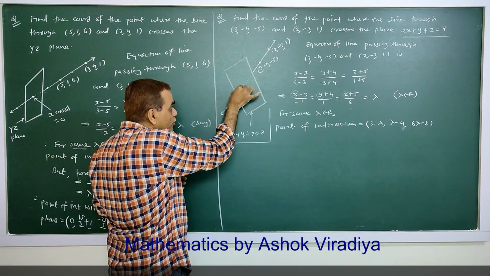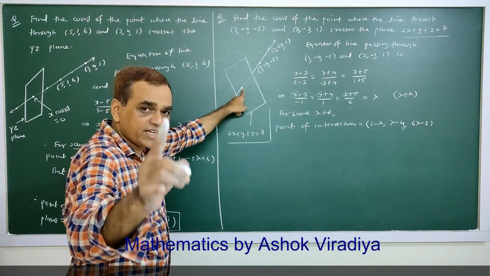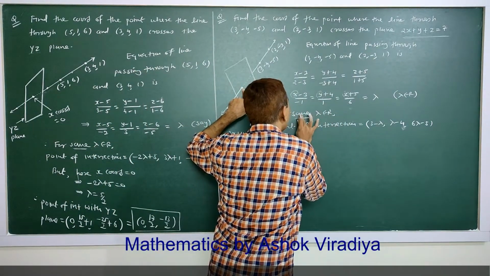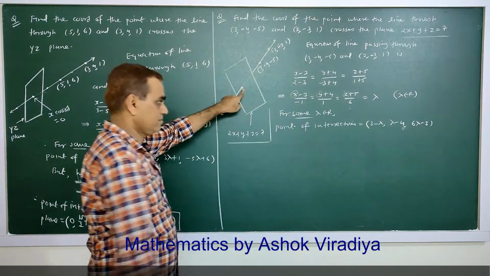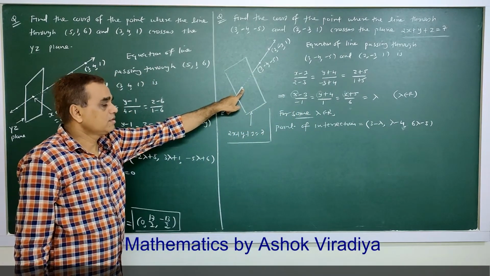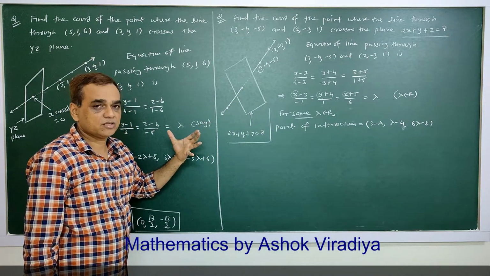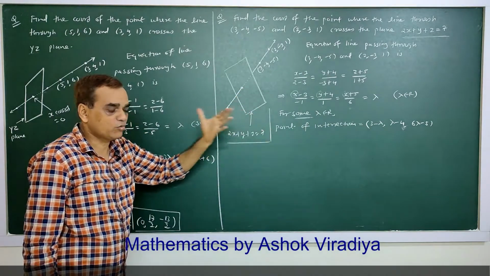So the point of intersection also corresponds to some particular lambda. So we use the words some lambda, and that lambda we need. The lambda corresponding to the point of intersection we require now.